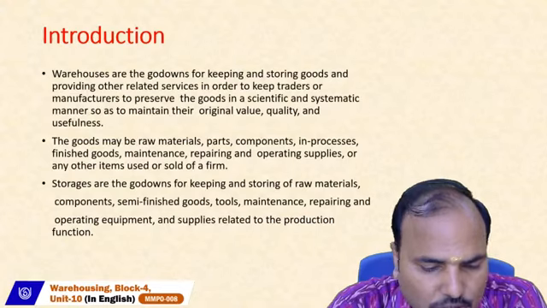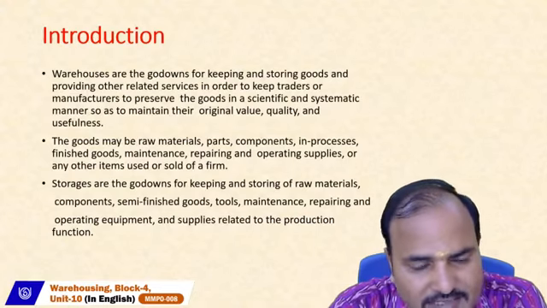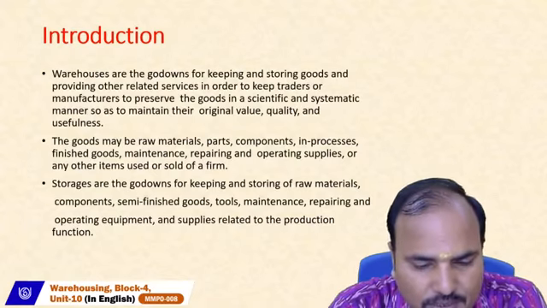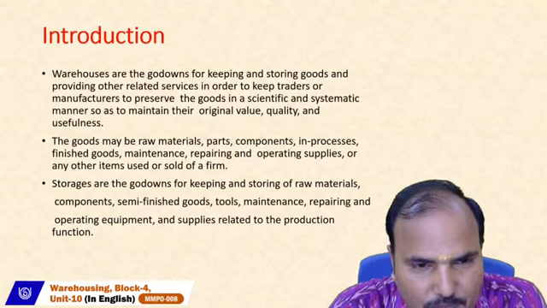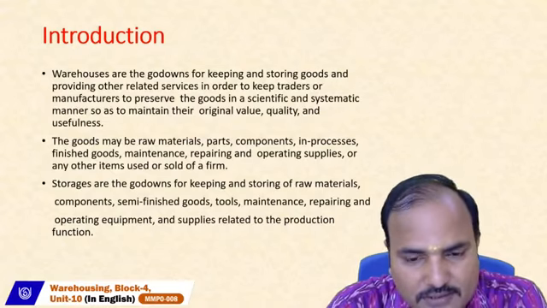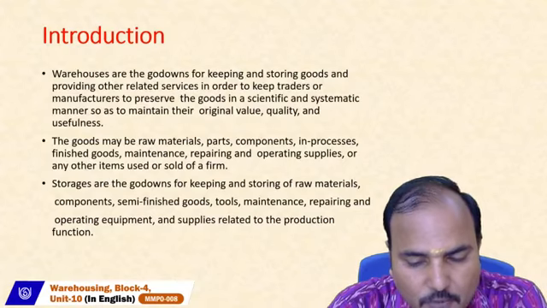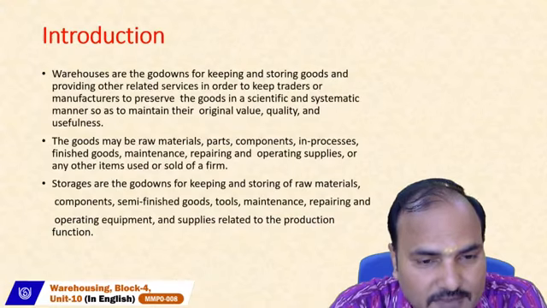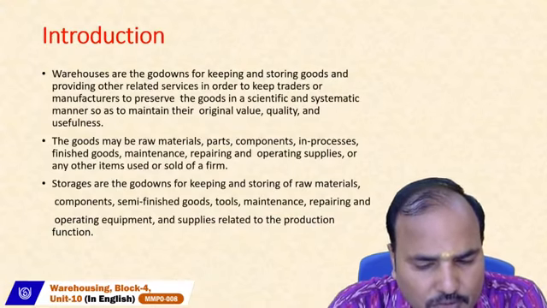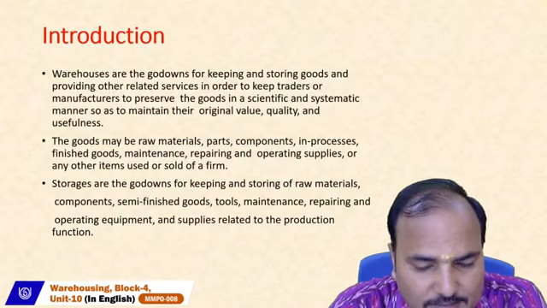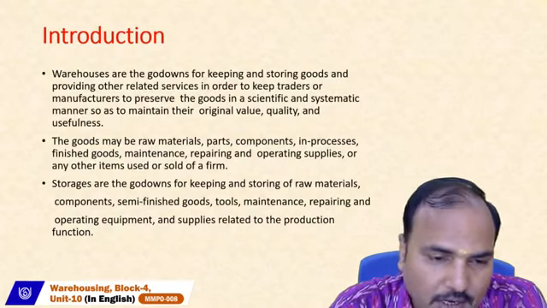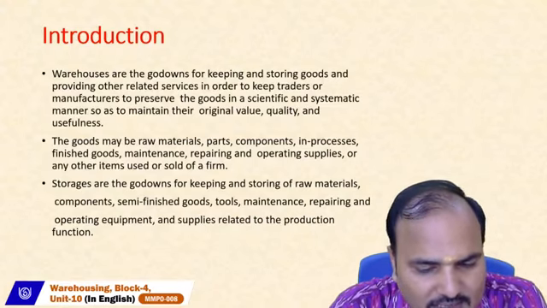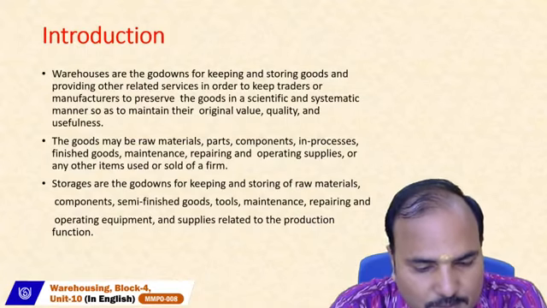Second role is consolidation and distribution. In this system, goods from different suppliers are consolidated at the warehouse before being shipped internationally. And after import also, the products are deconsolidated and distributed to different locations. So two roles: one is buffer against delays, another is consolidation and distribution.